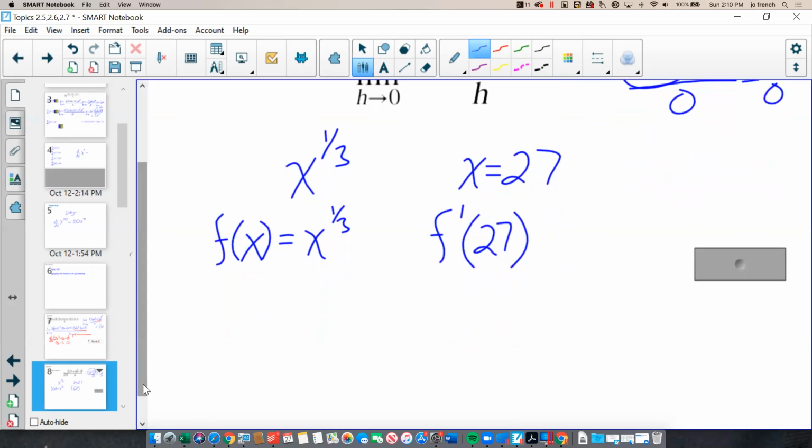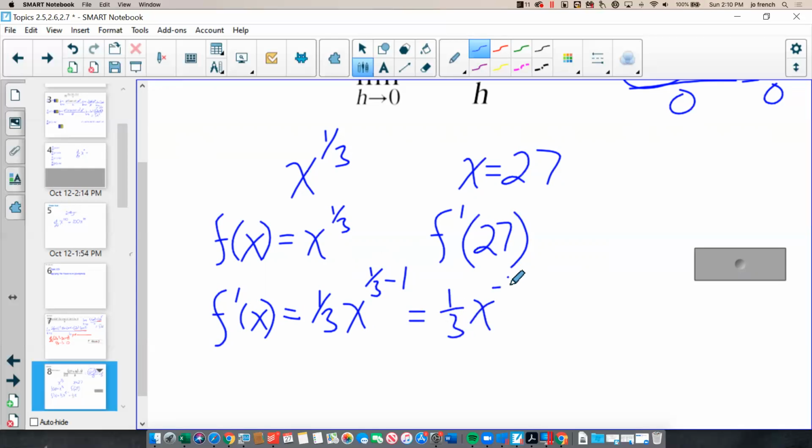So let's apply the power rule to f of x equals x to the 1/3. Remember, f prime of x. The power rule says to bring down the exponent, the 1/3, then raise x to 1/3 minus 1, which would be 1/3 x to the negative 2/3, which could also be written as 1/3 x to the positive 2/3 in the denominator.